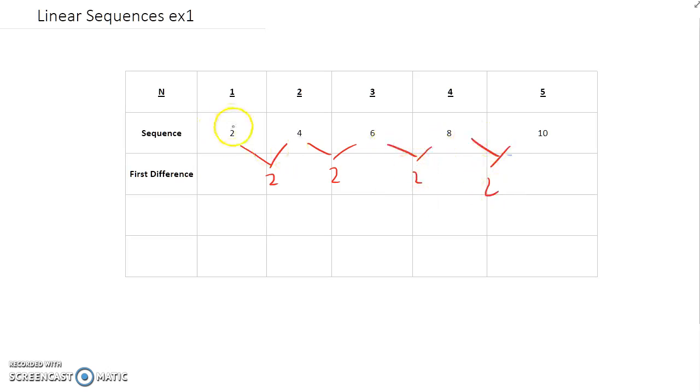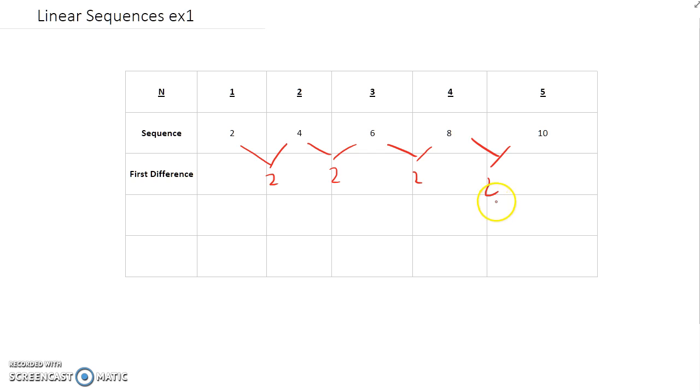You can see here the difference between 2 and 4 is 2. The difference between 4 and 6 is 2. The difference between 6 and 8 is 2. And between 8 and 10 is 2. Then we can apply the next few steps to work out the actual rule for this sequence.